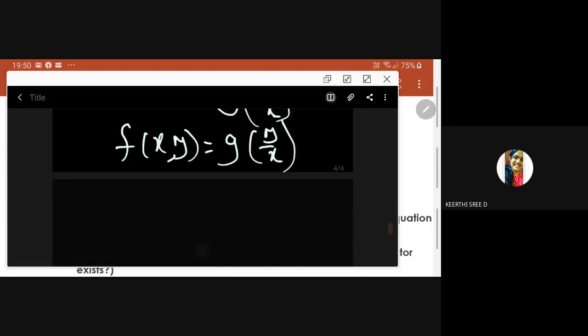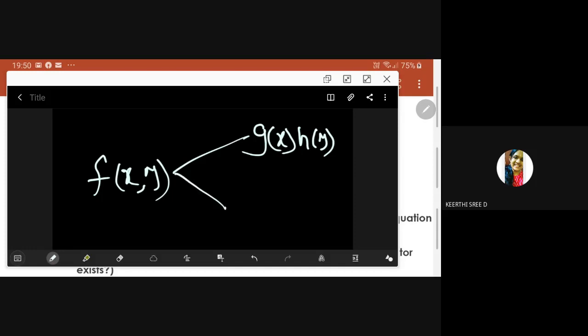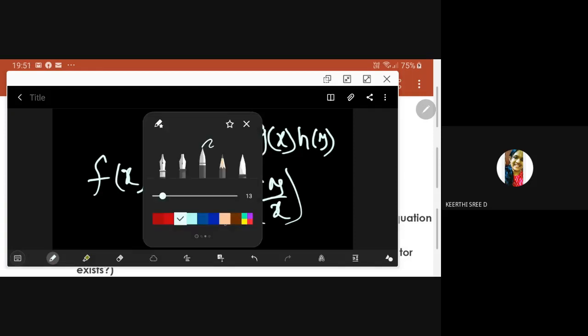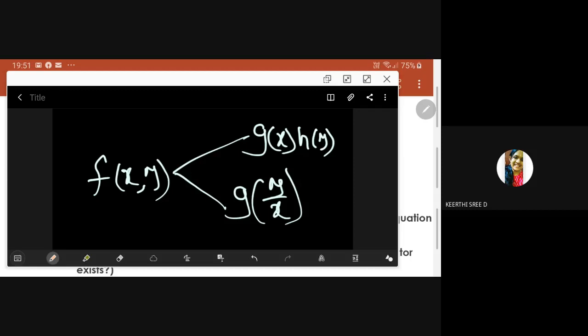So now what is the conclusion here? So far we have seen two things. Sometimes f of x y can be viewed as g of x into h of y, or g of x by h of y, whatever it may be. And sometimes the whole thing can be viewed as a function of y by x. If it is the first kind, it's a straightforward answer.